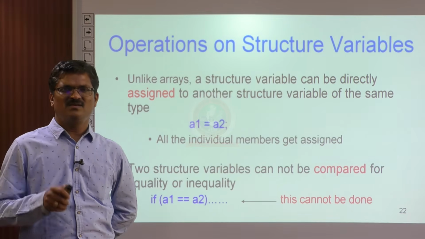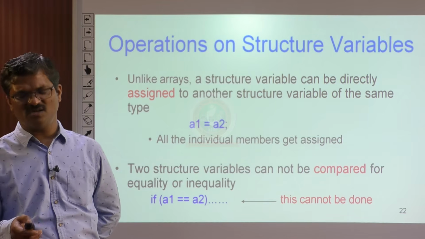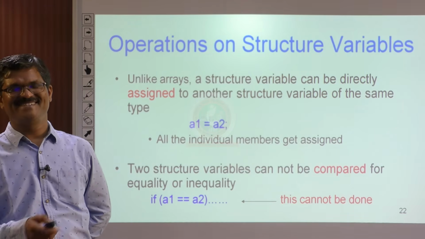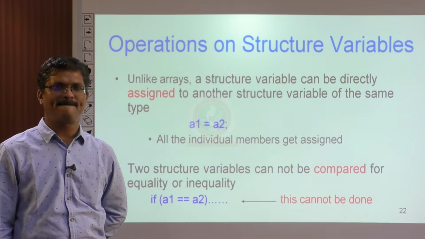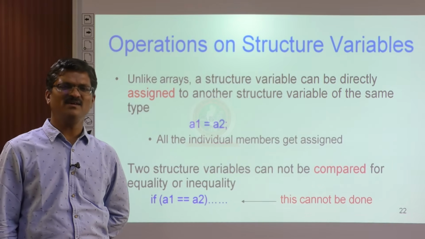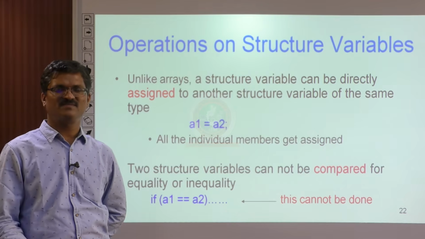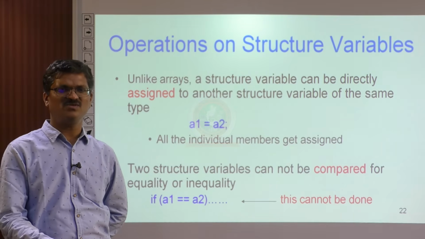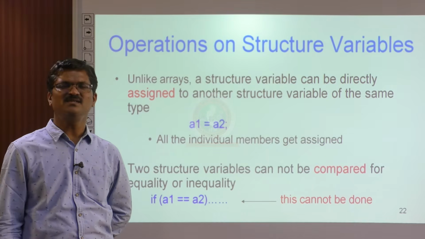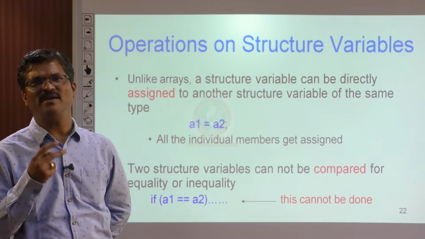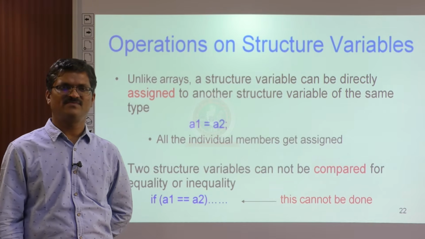All operations cannot be done. Assignment can be done, not an issue, but checking for equality of structure variables, no. They cannot be compared for equality or inequality directly, because A1 and A2 are structure variables. Two structures cannot be compared using this equality operator.